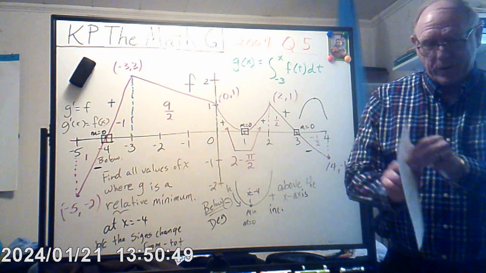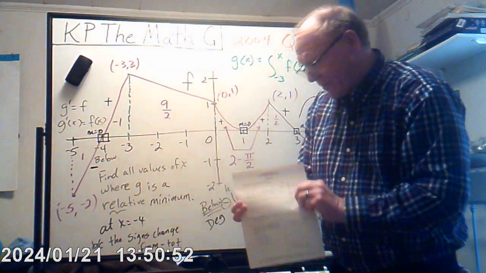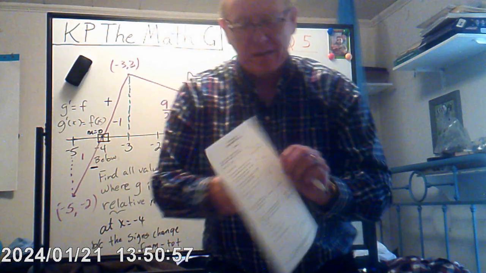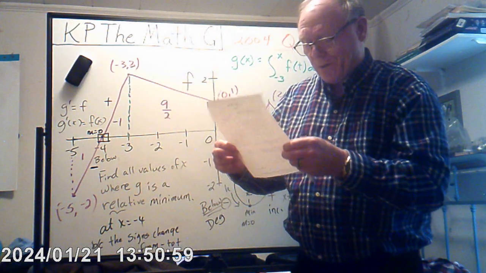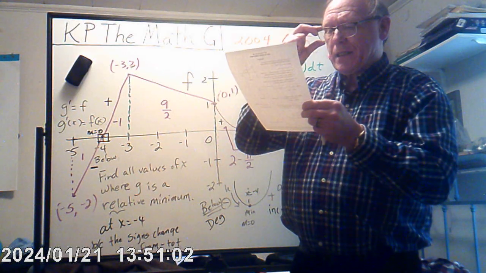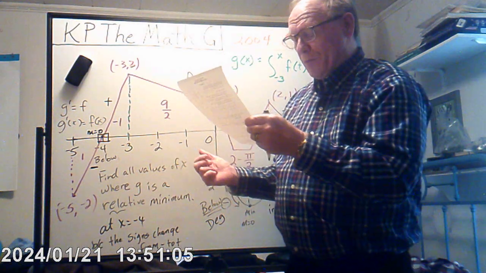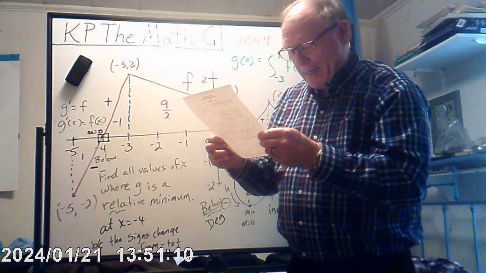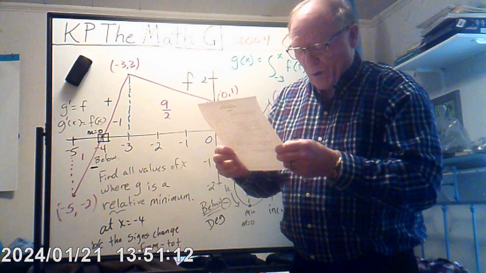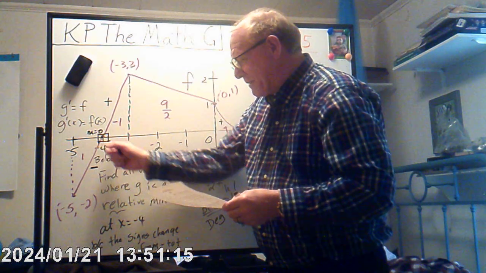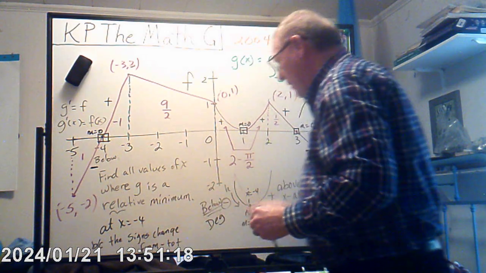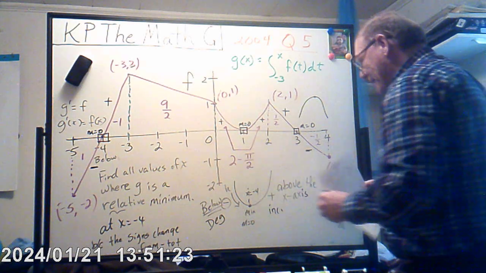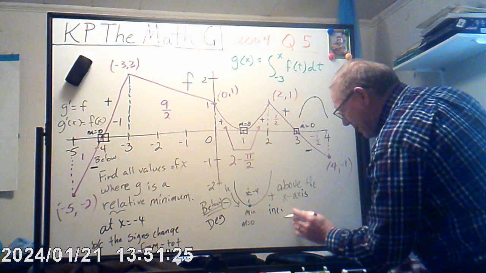This is the actual 2004 test, and I'm going to read off their answer to you. They ask for a relative maximum. I asked for a relative min. So this is where the relative min is, and you can guess that the relative max is right here at x equals 3.